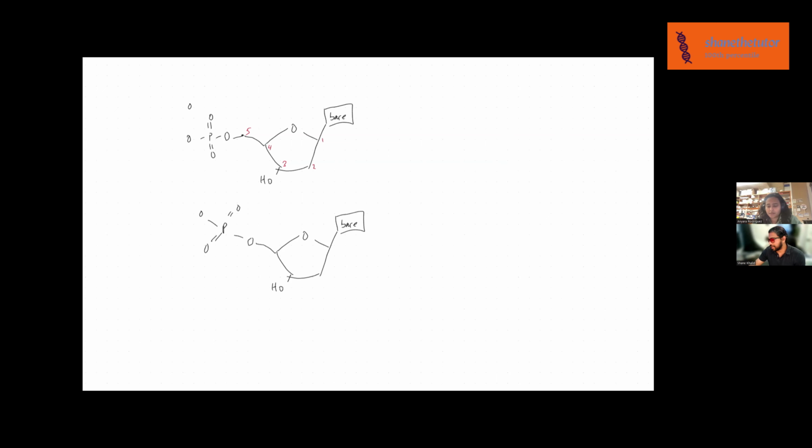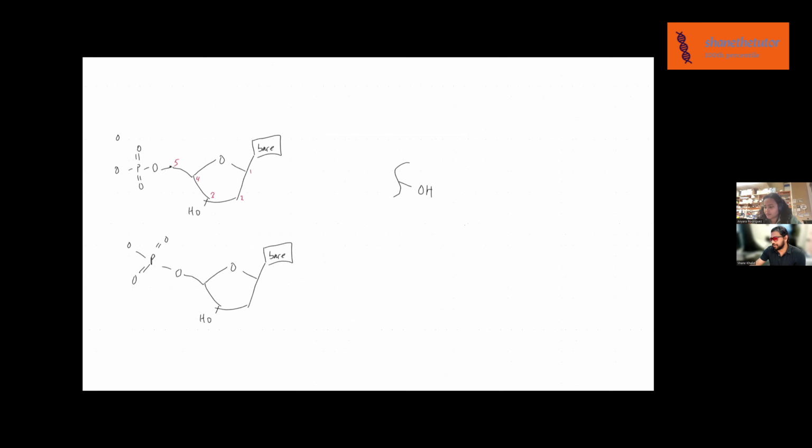So if you had an OH group and a carbonyl group, this will attack that, go up like that. So definitely remember, this is the nucleophile and electrophile. Every time you see a hydroxyl group, think nucleophile.